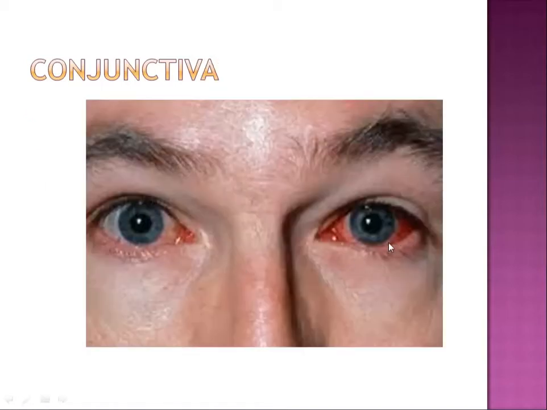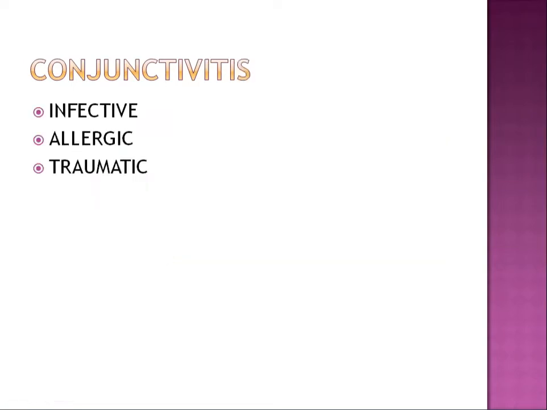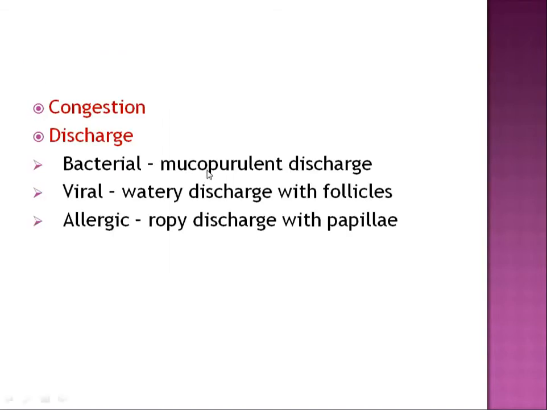As you're seeing here, redness will be there. If it is an infective conjunctivitis, then there will be discharge. If it is an allergic conjunctivitis, the main symptom that the patient will come to you with will be itching. And this will be for a long time, and allergic conjunctivitis will be present in both eyes. So now, depending on discharge, how do you classify conjunctivitis?